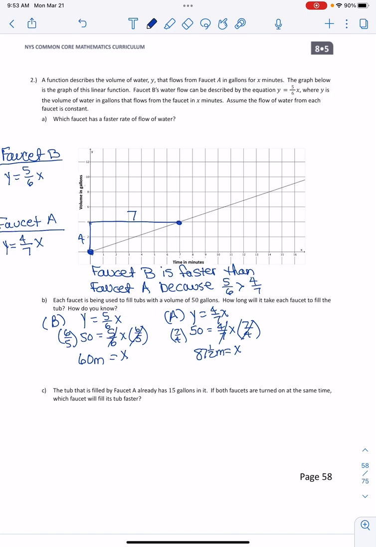And we know this because we replaced it into both equations.